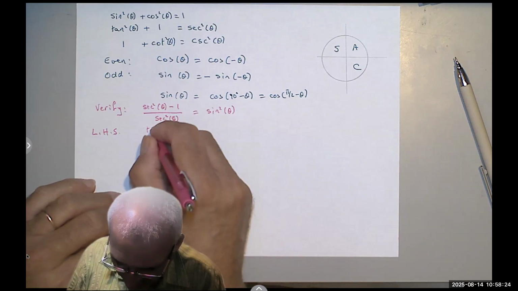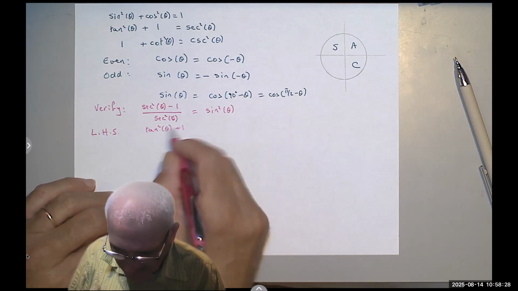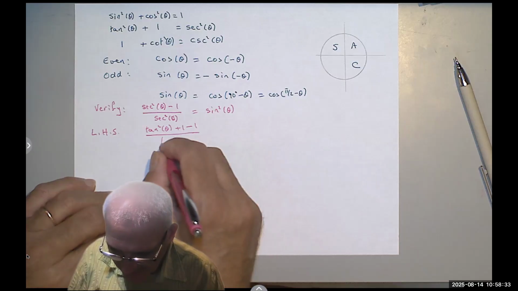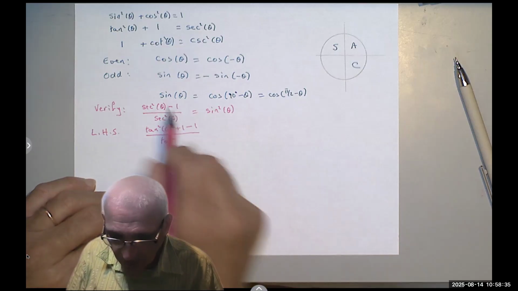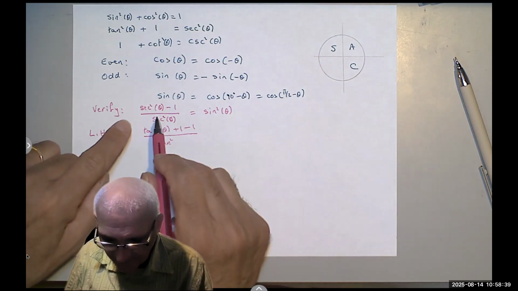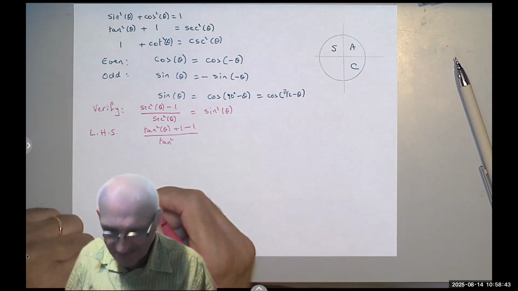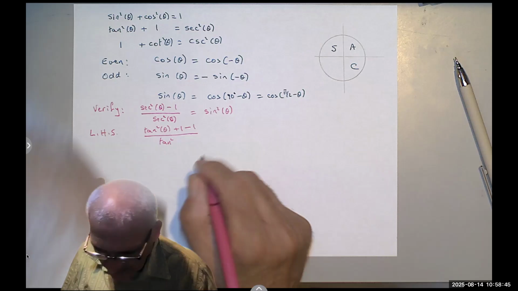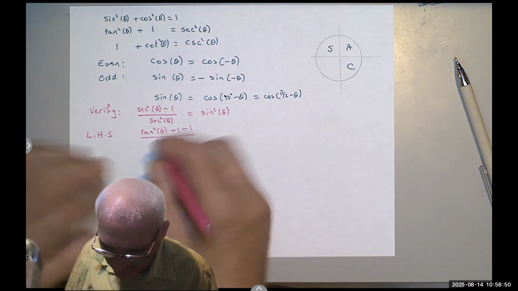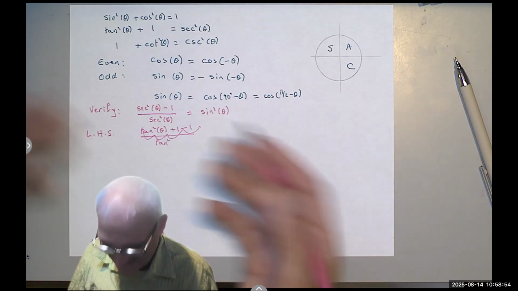So I write tan square theta plus 1, that's the secant square, minus 1, over tan square. Oh, tan square theta plus 1 is also secant square. I could have left that, in fact, right? It would have been easier. It doesn't matter. That's a lot of work. I should have thought of the problem before starting to solve it.